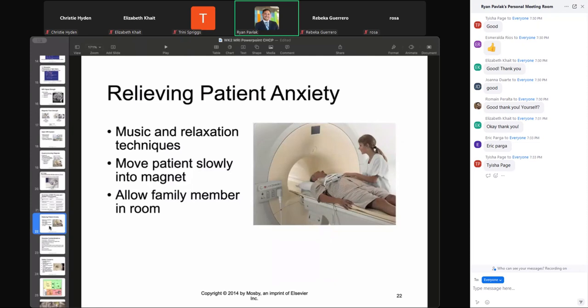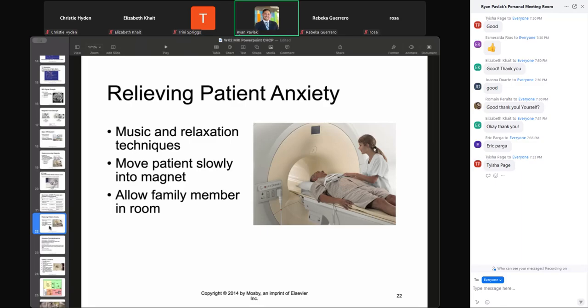Now, I made mention of this before, right? As an MRI tech, you have to help patients get through the scan. That is what makes you an MRI tech. Offering music, relaxation techniques. One of the places I worked at was really into different aromatherapies and lavender scents.